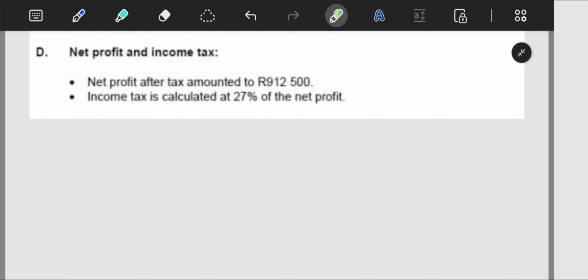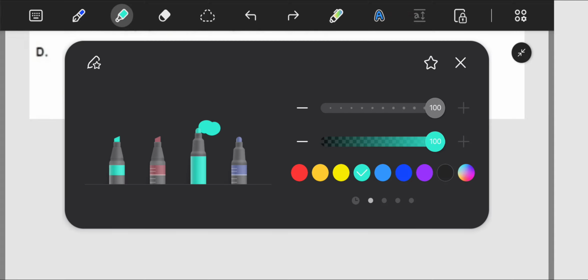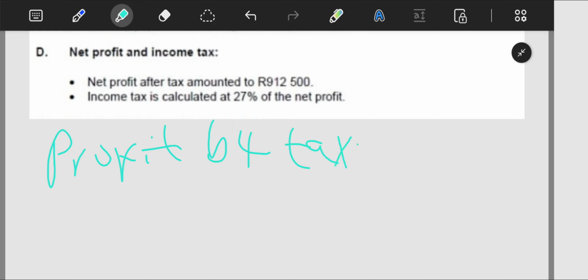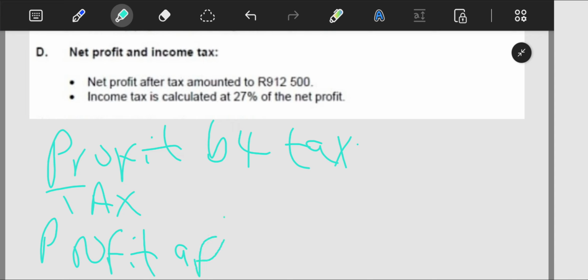Remember, on your income statement, you have your profit before tax, and then you have your tax, and then you have your profit after tax, or profit for the year.